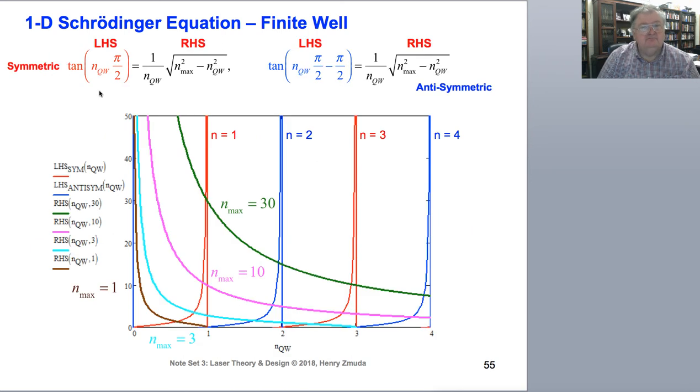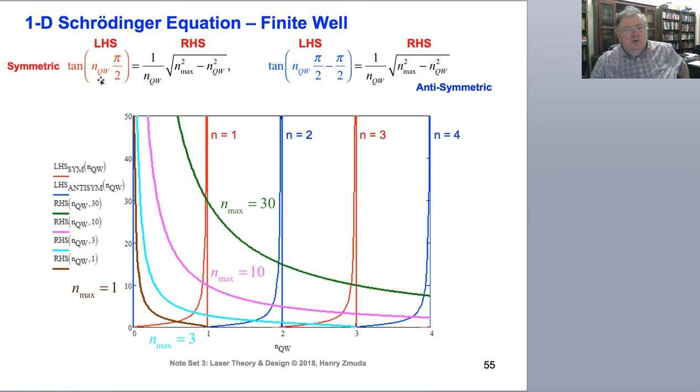So let's look at both cases at the same time, and I want you to notice my labeling. Here's the eigenvalue equation for the symmetric case, and here's the eigenvalue equation for the anti-symmetric case. What does that tangent function look like?